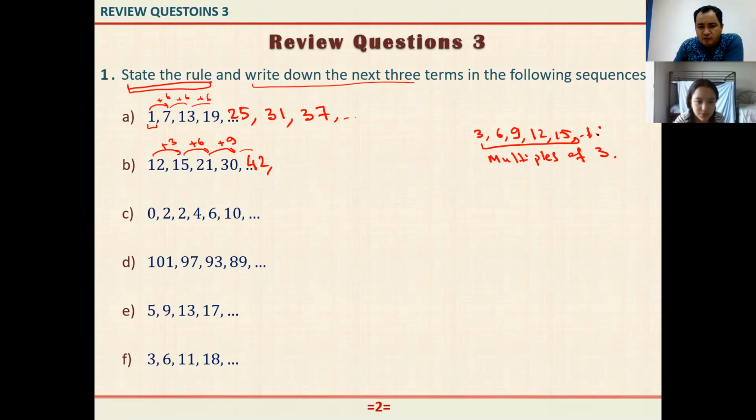And let me just write one more. Next multiple is 15. So it is 42 plus 15, it is 57. Next multiple is 18. 57 plus 18, that is 75. Right? And how about this one? Can you do the next question, the question C?